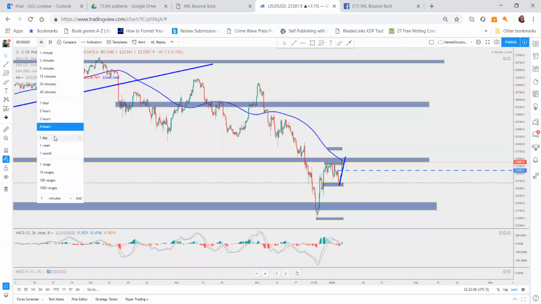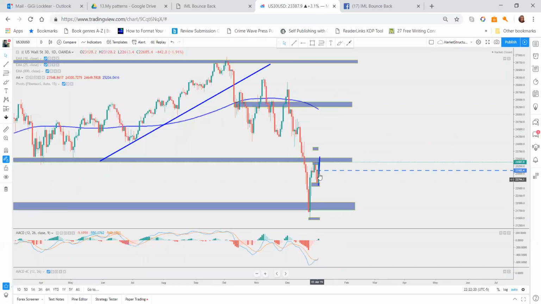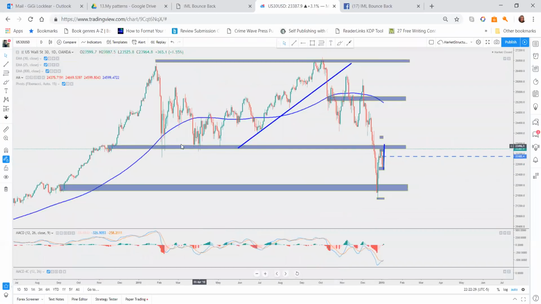If you look at your daily, it sold, it made a little channel here, just like we saw with GBPJPY a couple weeks ago, and then the bottom fell out. Now it pushed up, but it got to this previous structure right here, as identified by the pivots.